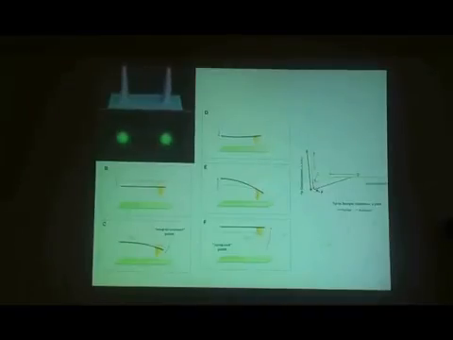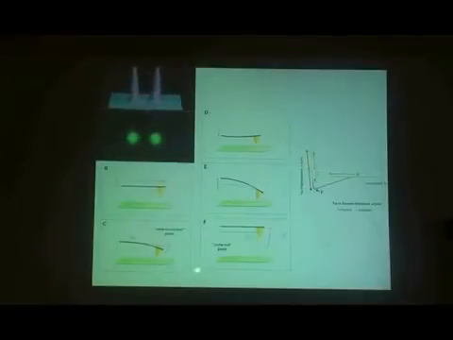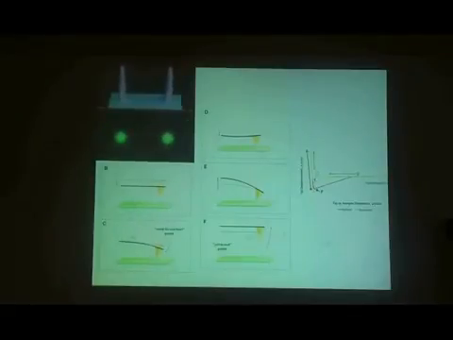And then you try to withdraw the tip from the surface. Due to this contact force, the tip bends back to the normal stage, and beyond the normal stage, if there is an interaction between the tip and the surface, that is what we call the van der Waals interaction or atomic interaction, then the tip will start staying.